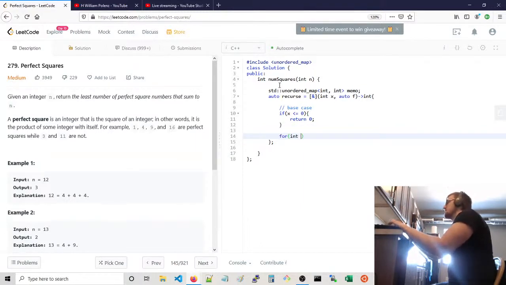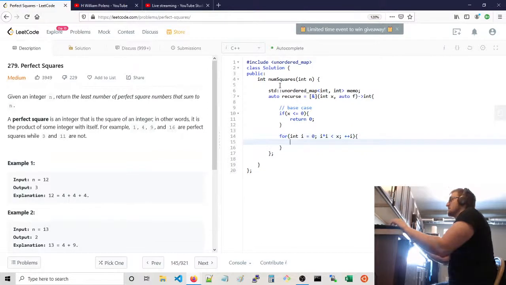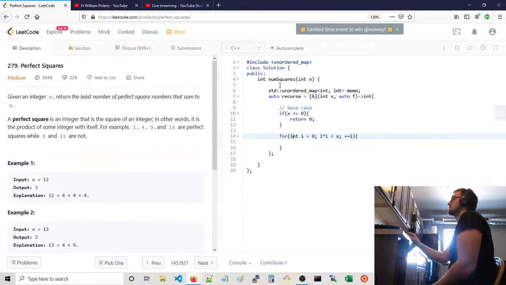And we'll say for int i equals 1, i times i is less than x, or less than or equal to, could be. And start off with 1, really.